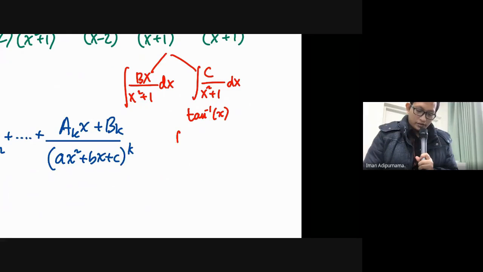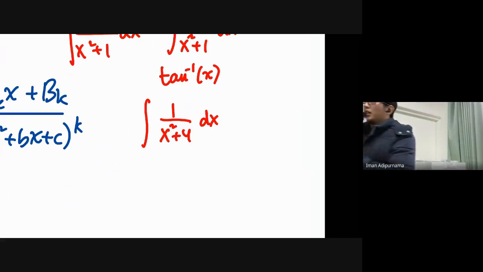How about if it's now not 1, it's 4? It's still using the tangent inverse, but you need to write more explanations. Any idea? No. Okay.